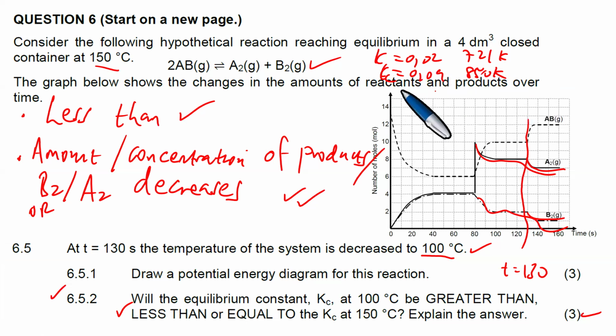We were able to observe that when the temperature increased, the Kc increased, and that meant that the forward reaction was endothermic, because it had the Kc increasing with an increase in temperature. So now you're able to see that whenever the temperature was decreased, the A2 and B2 go down, and that means the amount of concentration of the products decreases.